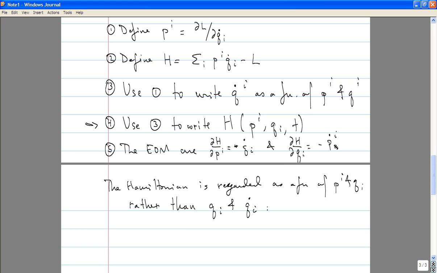So the Lagrangian is regarded as a function of q and q dot, but the Hamiltonian is regarded as a function of p and q. And it's only when I regard the Hamiltonian as a function of p and q that I can write the equations of motion in this very nice way as Hamilton's equations.